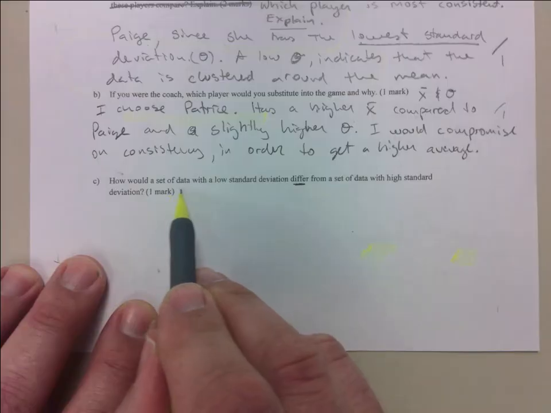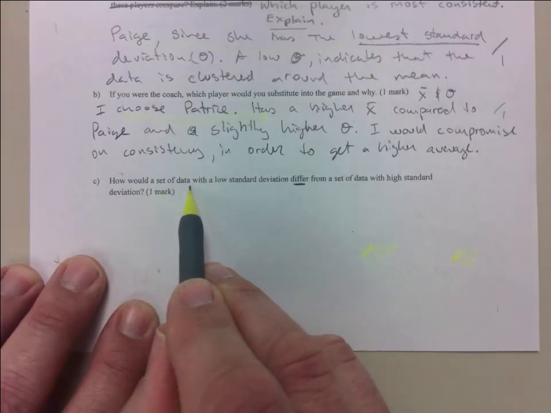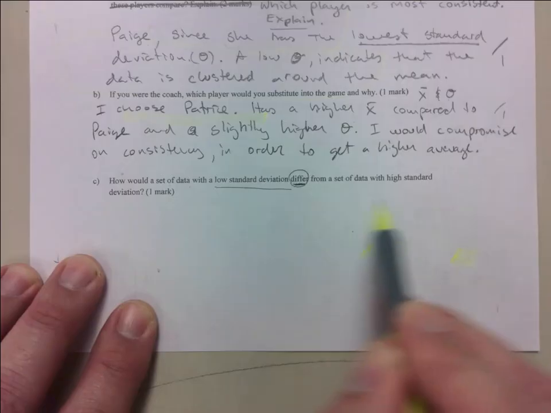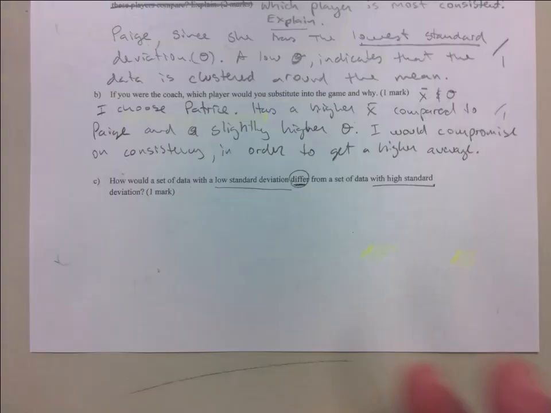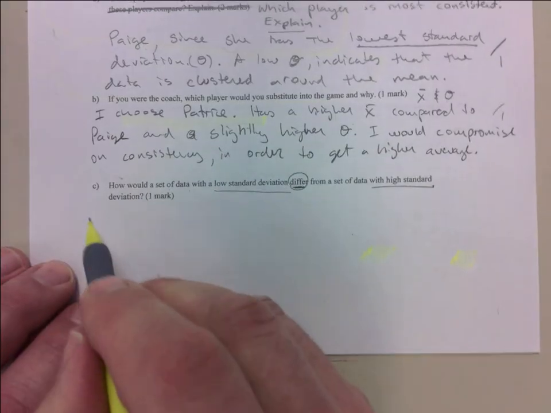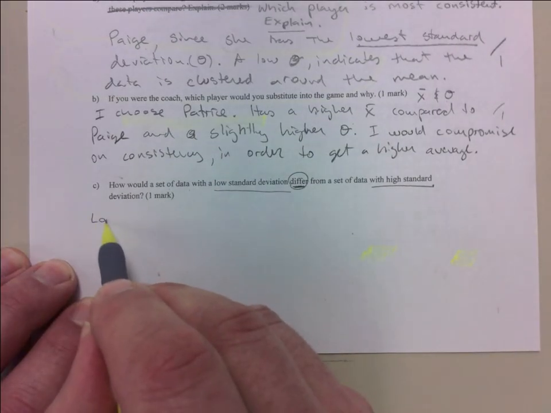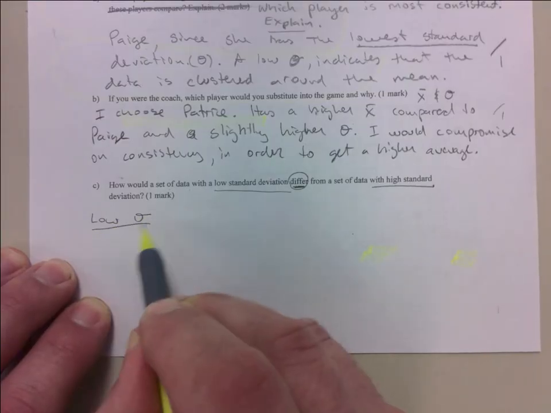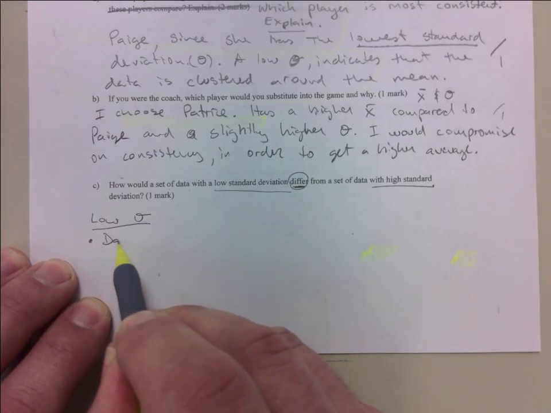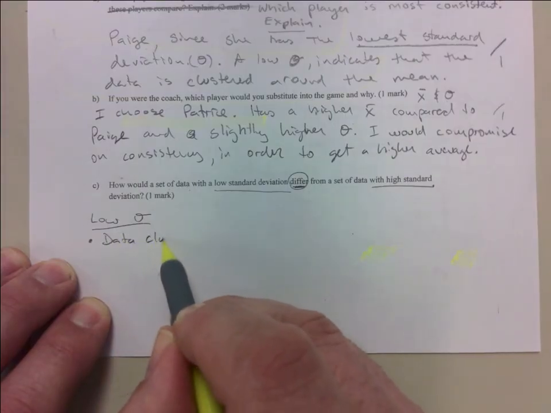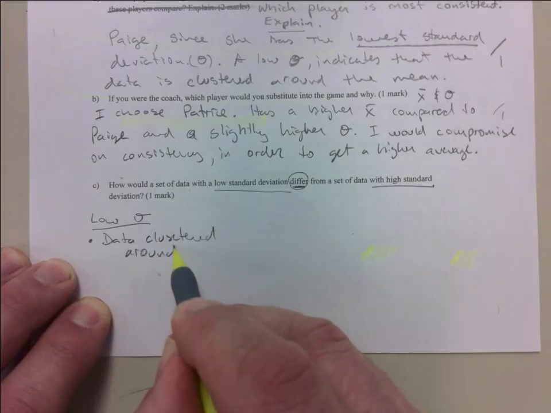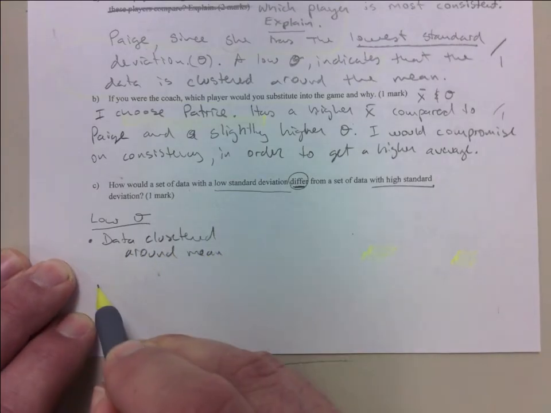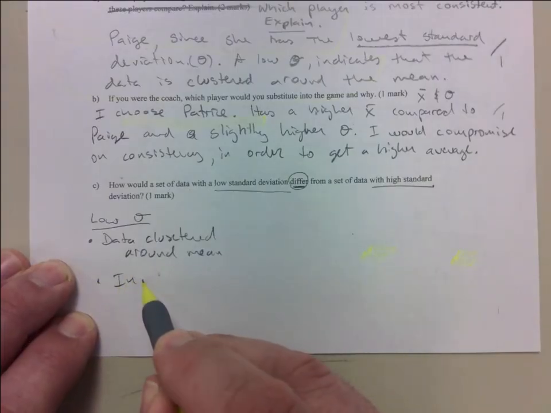How would a set of data with low standard deviation differ from a high standard deviation? So you can do something like this. Maybe you want to have a little bit of a compare and contrast. Low standard deviation: data clustered around mean, indicates consistency.